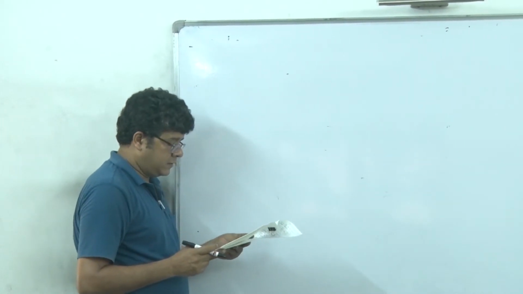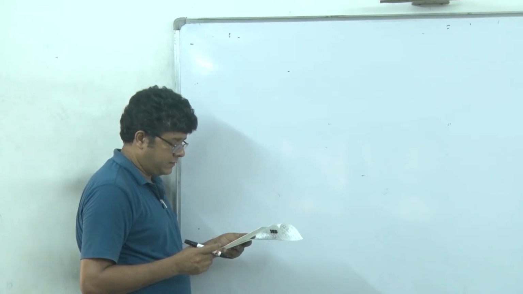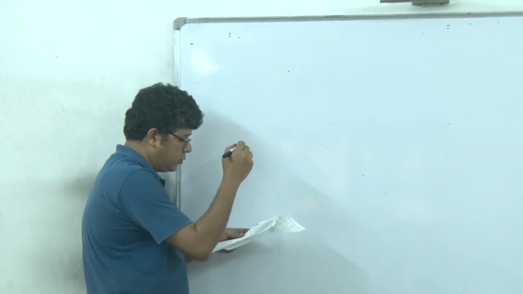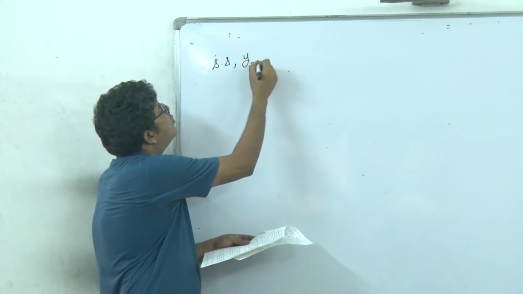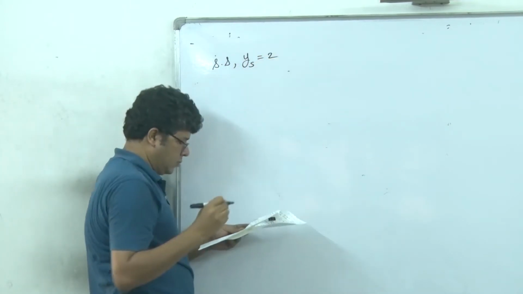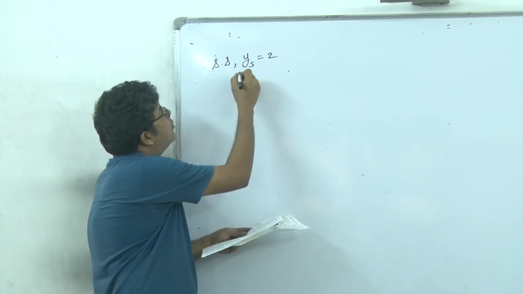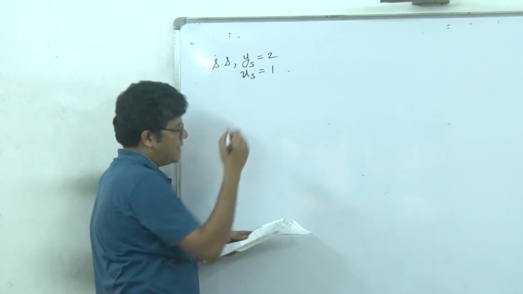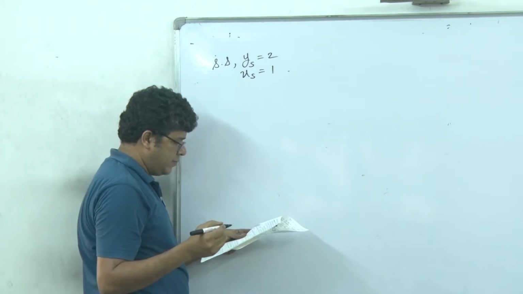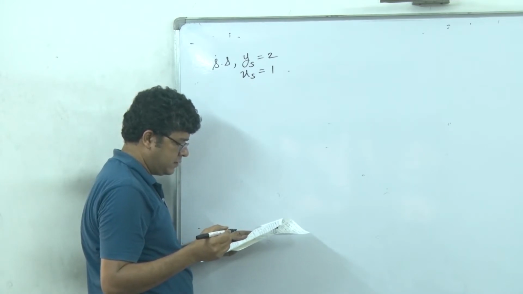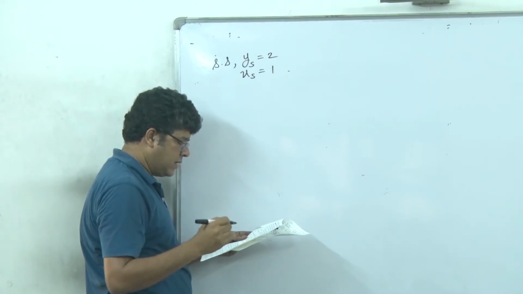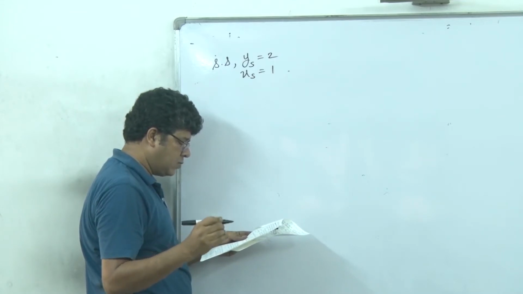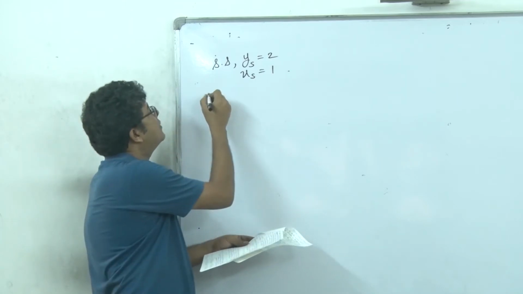A process is initially at its steady state with its output y equal to 2. So steady state output y equal to 2. For an input which is also steady state 1, the input suddenly changes to infinity at t equal to 0 and drops again to u equal to 1 at t equal to 0 plus.